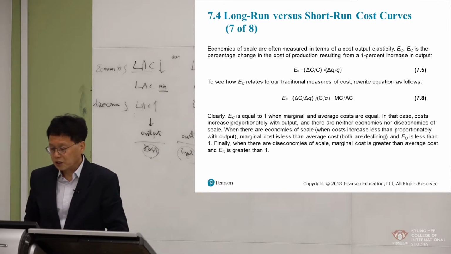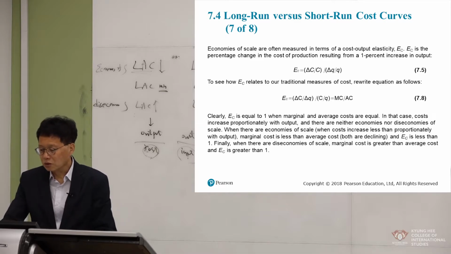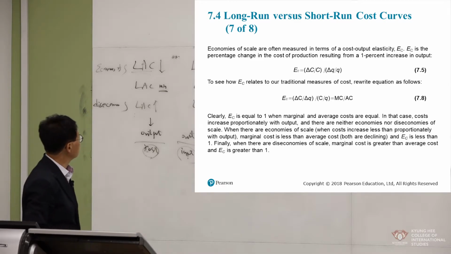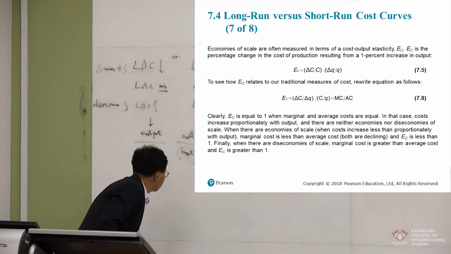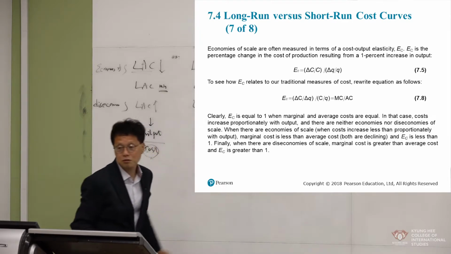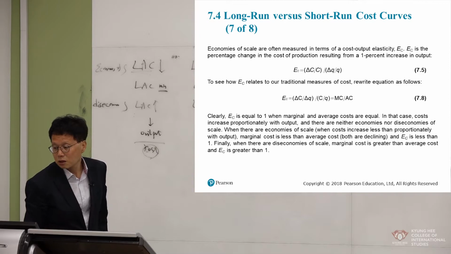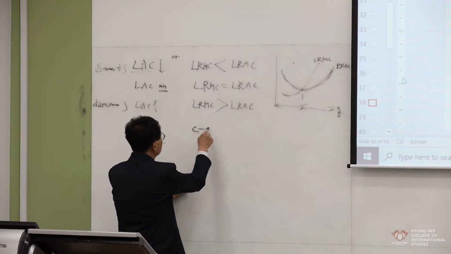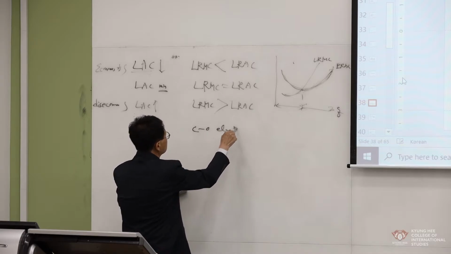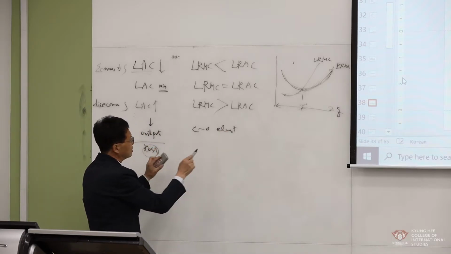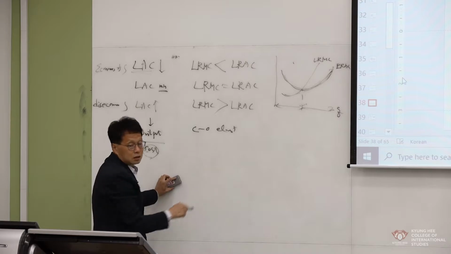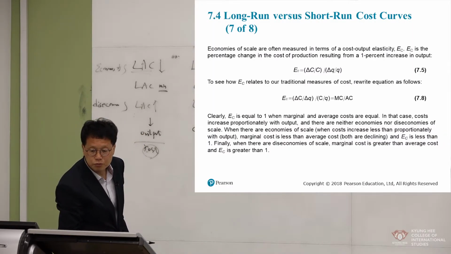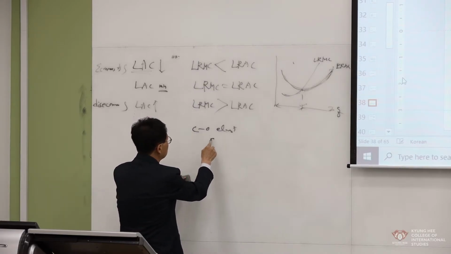And economies of scale are often measured in terms of output elasticity of cost. Now think about what is output elasticity of cost. Our textbook said cost output elasticity. More exactly speaking, that is output elasticity of cost.